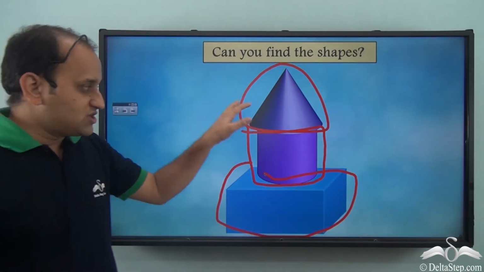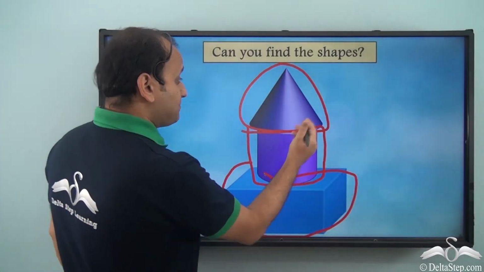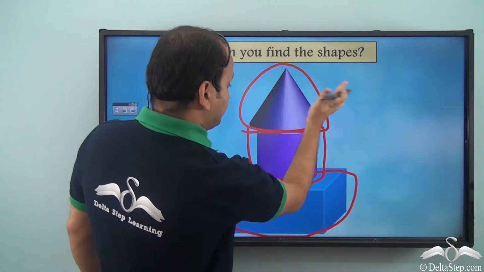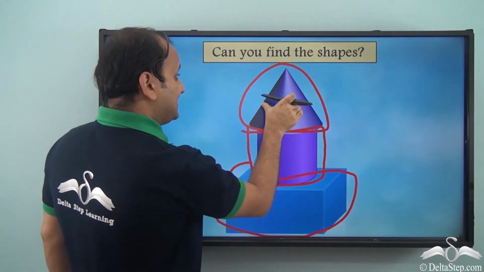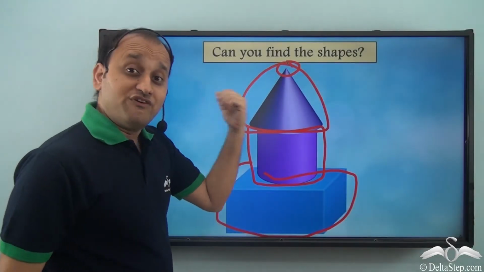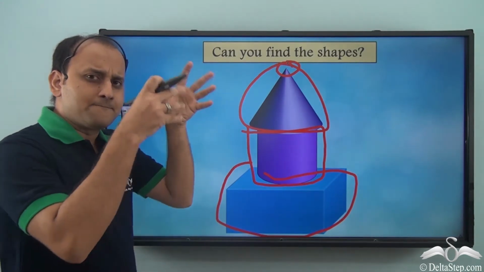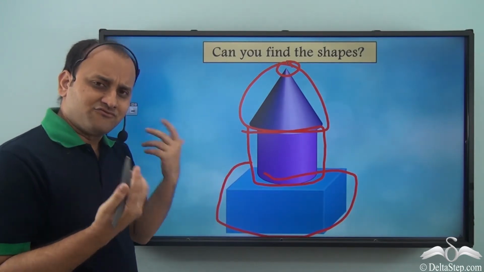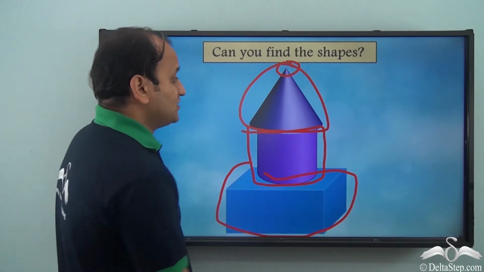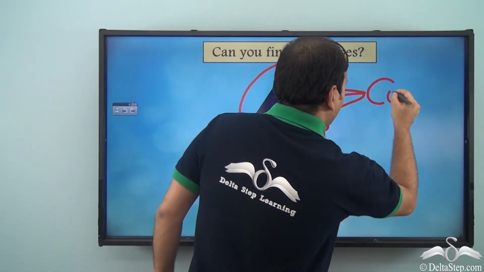So what shapes are we talking about? Let's see. Well, in this shape we have this curved face and it tapers and makes a corner at the top. So which shape does it resemble? Well, it resembles a party hat, isn't it? Which is nothing but a cone. So this shape here is a cone.